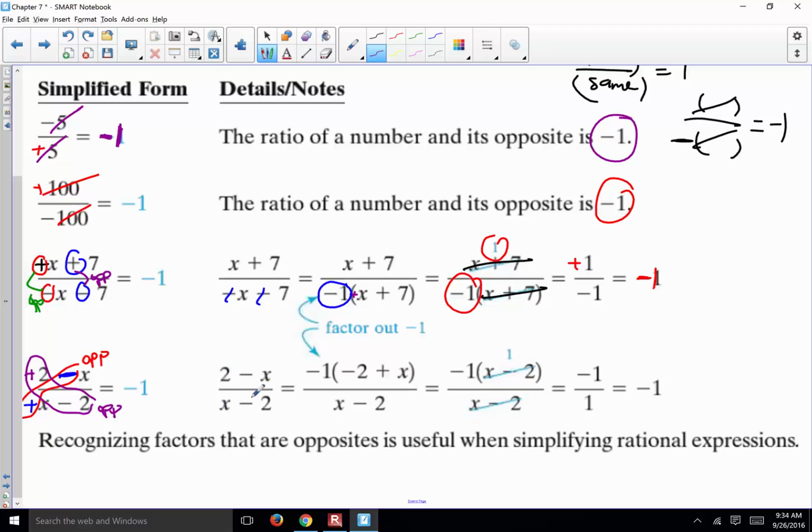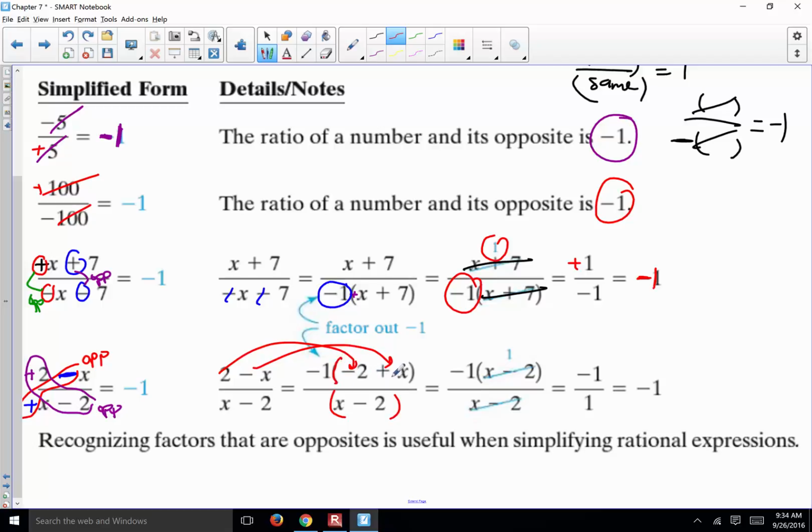This time I went with the top and factored the minus, but you could have factored from the bottom as well. Then when you factor a minus out, this turns into minus, this turns into plus. You may say these are different, but they are not different.